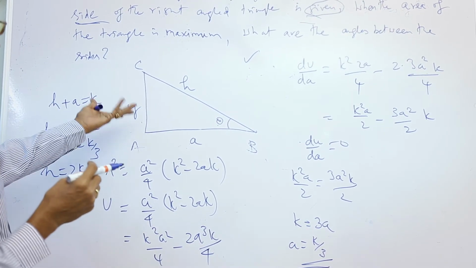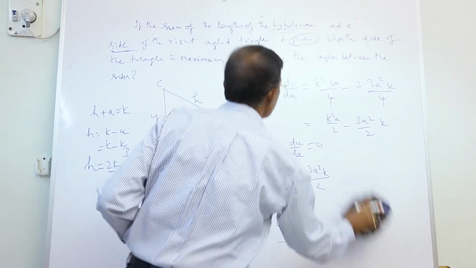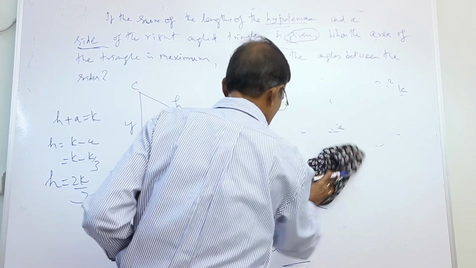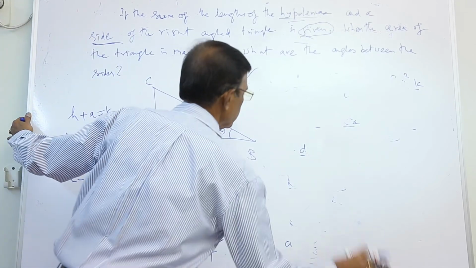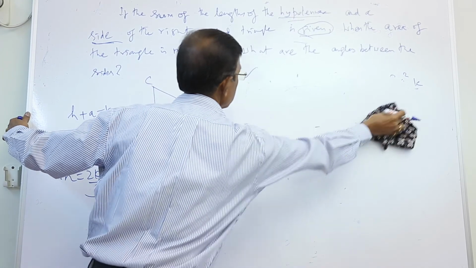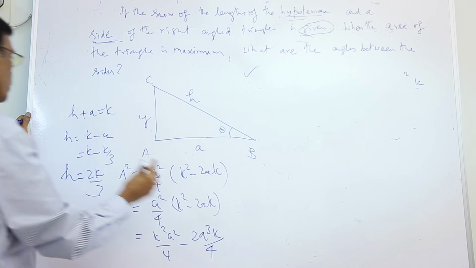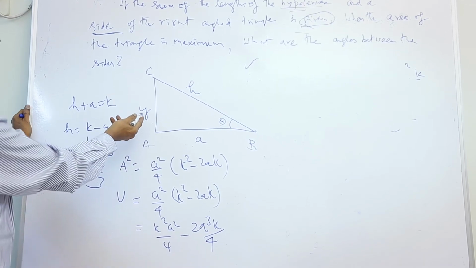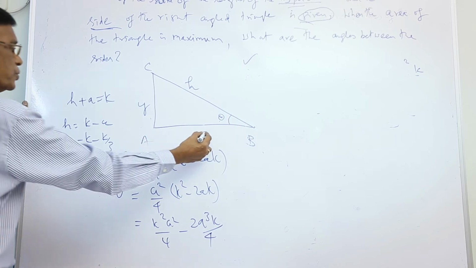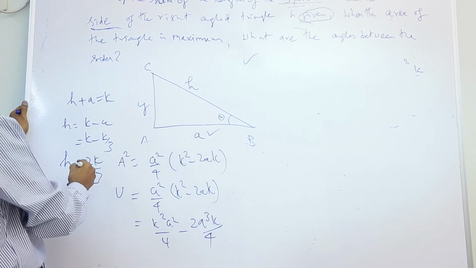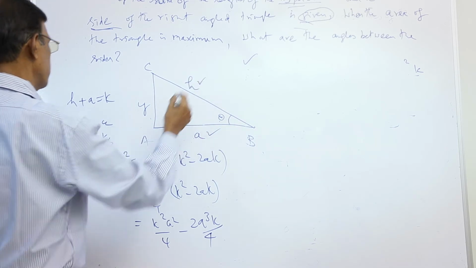Now you can do it in any way. See, we have to calculate the value of theta. That is easy because two sides are known. Or if you are very keen on finding further values, you can. Now a is known in terms of k, and h is known in terms of k.